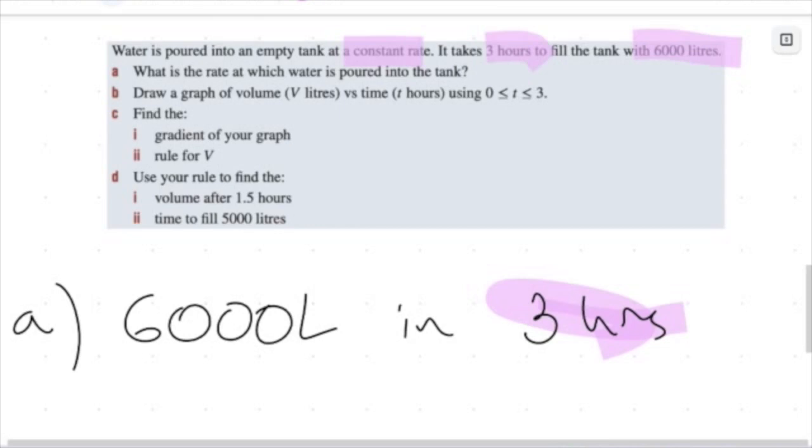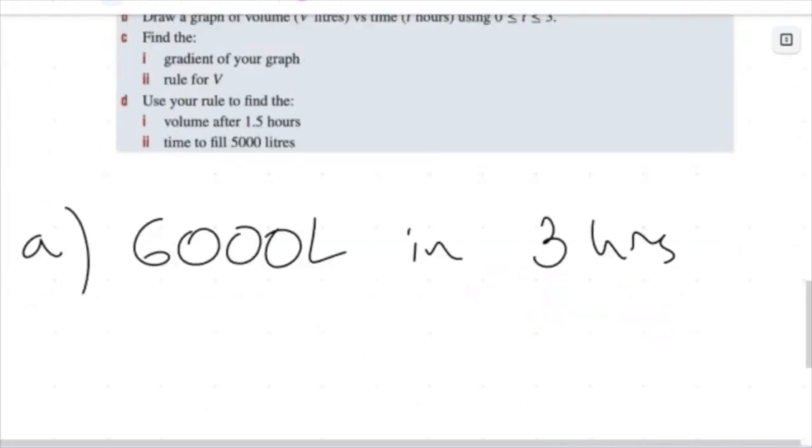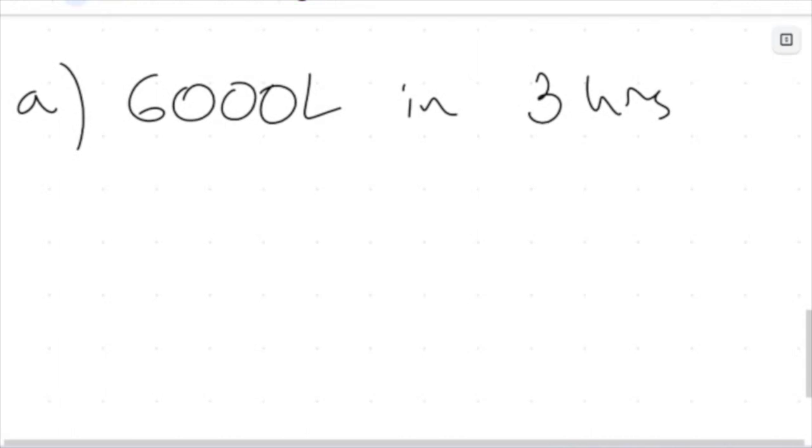So here we have liters in 3 hours. We want to write this as a proper rate. We want to write this as liters per 1 hour. So we want to get these 3 hours to 1 hour. Now, how can we do that? I'll go through this a bit quicker because I've covered all this in my rates series.